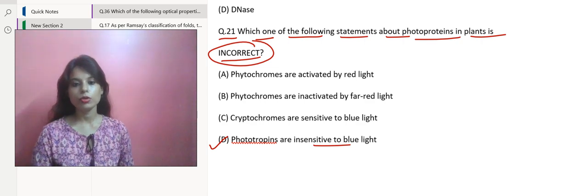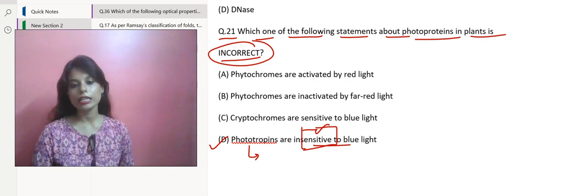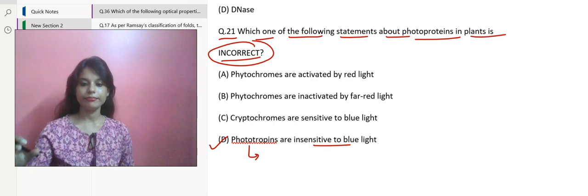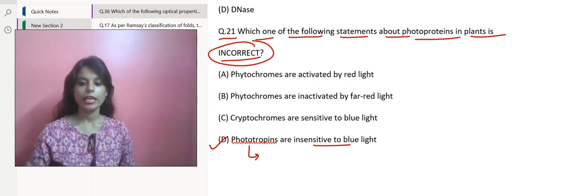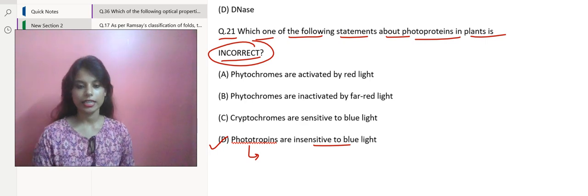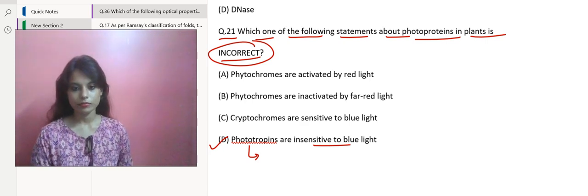Phototropins are actually sensitive to blue light, and they play a critical role in phototropism, that is the bending of the plant stem towards a source of blue light. Therefore, the correct answer would be the one that I have chosen. Okay. Phototropism. They play a major role in this.